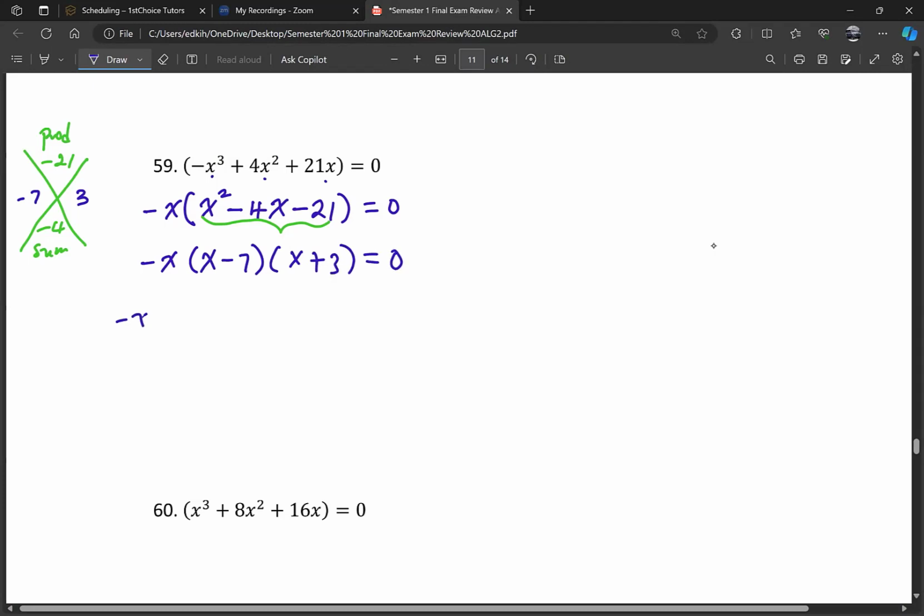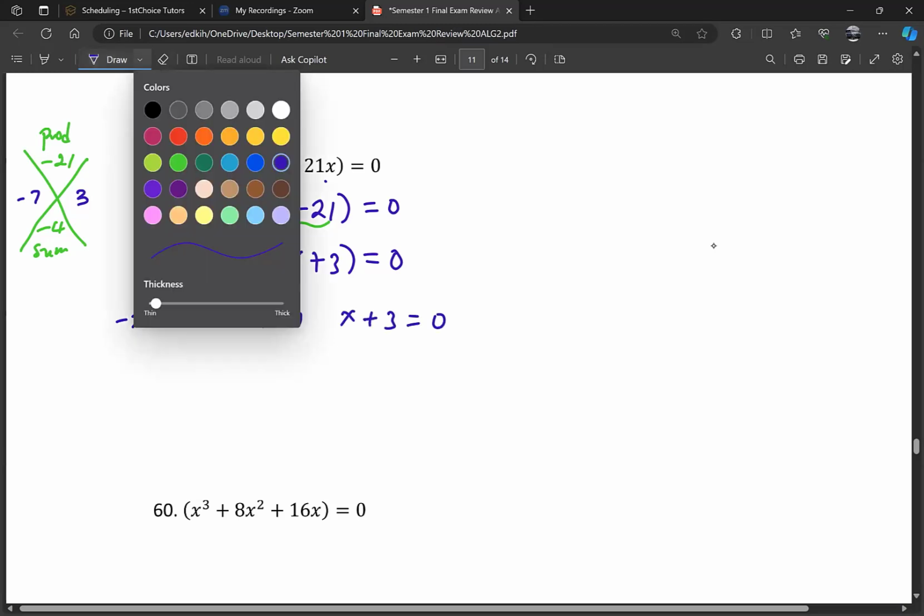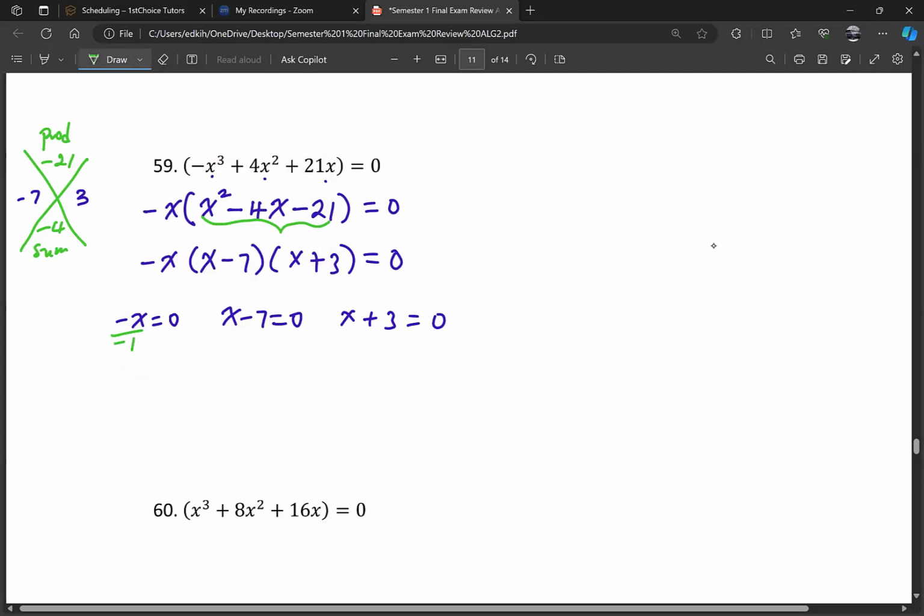You're setting each of your factors equal to 0. So negative x equals 0, x minus 7 equals 0, and x plus 3 equals 0. Now you've got to solve for each of these. This first one, divide by negative 1, because there's an invisible 1 here. This second one, you're going to be adding 7.